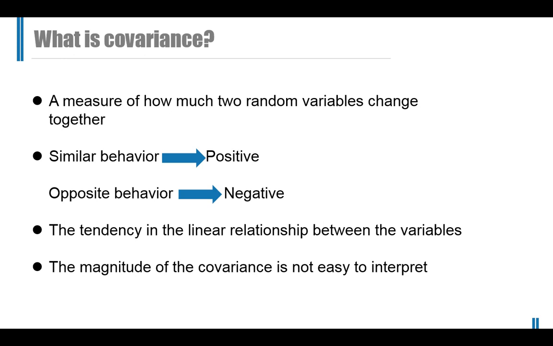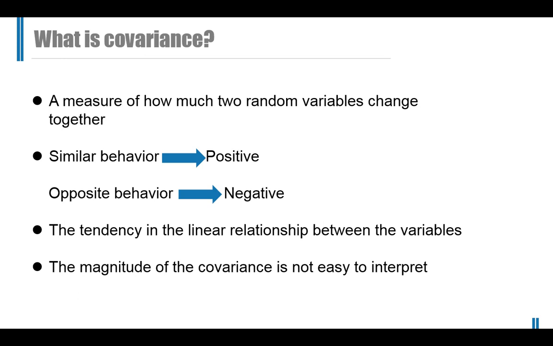In the opposite case, when the greater values of one variable mainly correspond to smaller values of the other, the variables tend to show opposite behavior. The covariance is negative. The sign of the covariance therefore shows the tendency in the linear relationship between the variables.